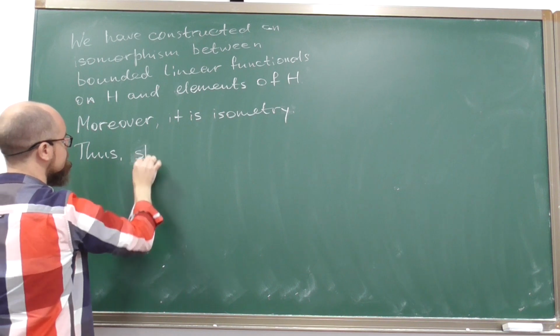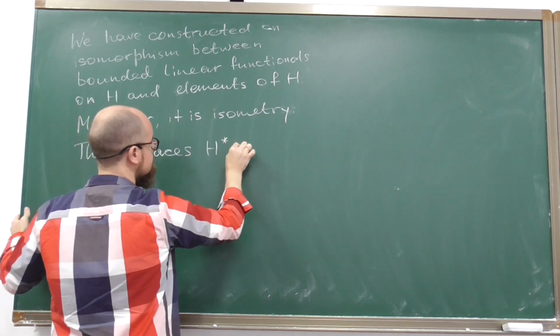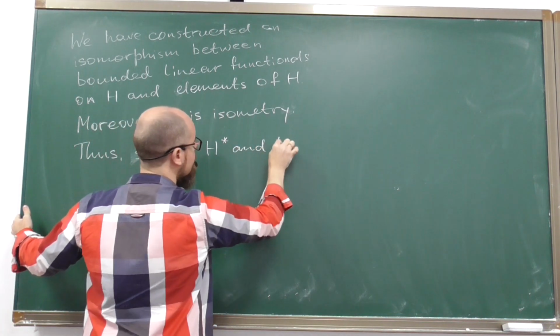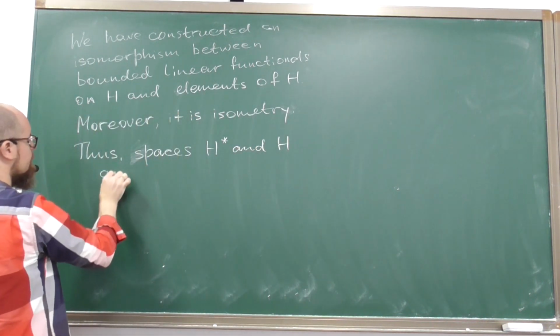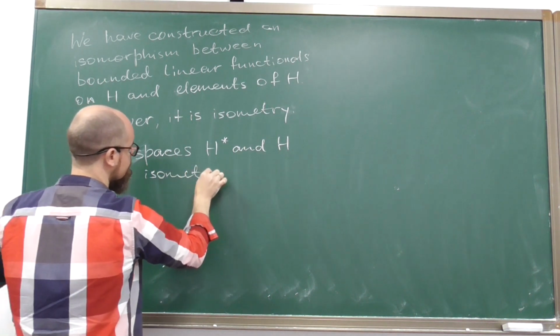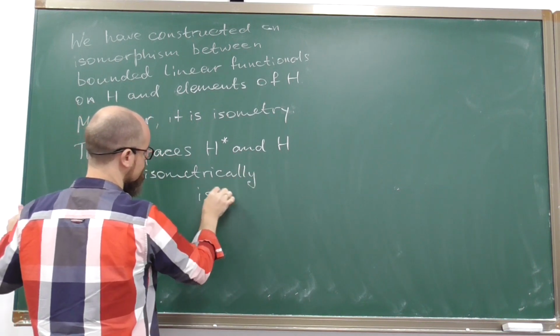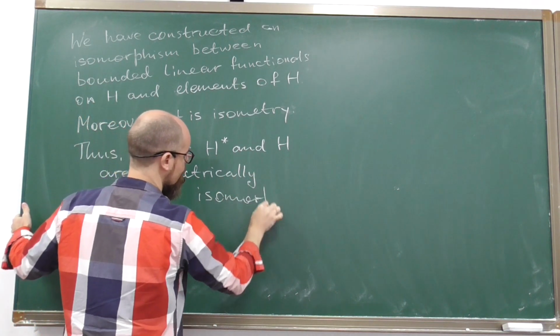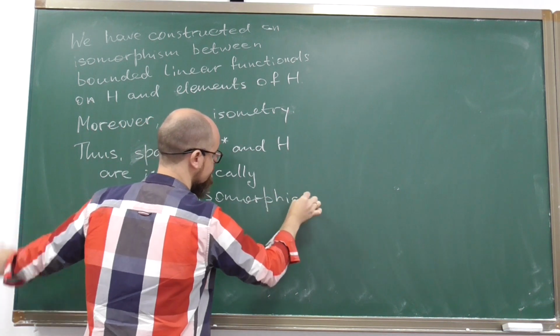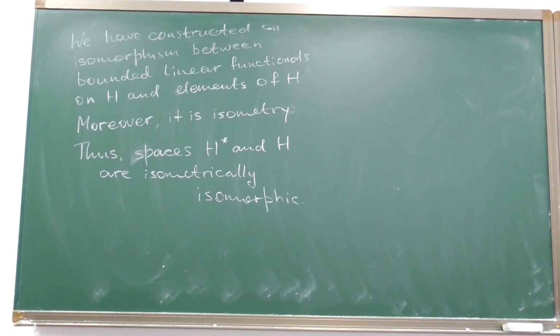Thus, spaces H star and H are isometrically isomorphic.